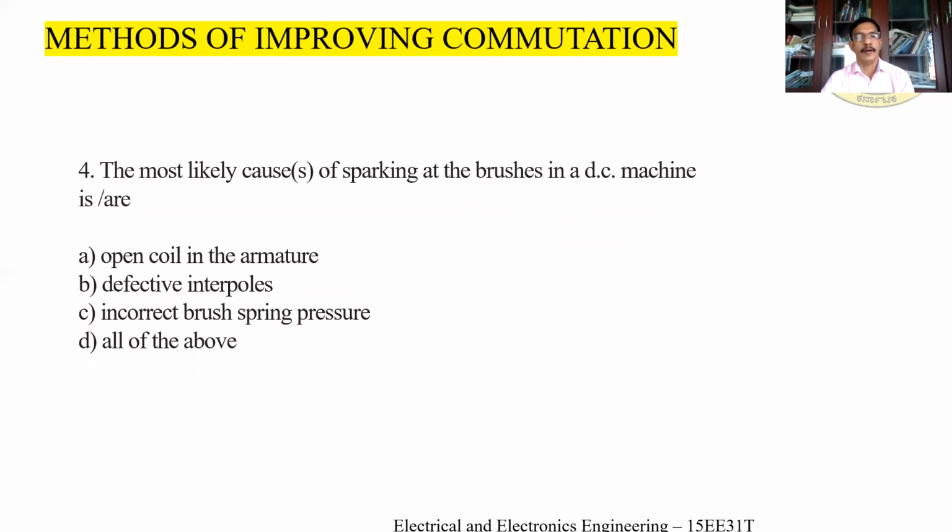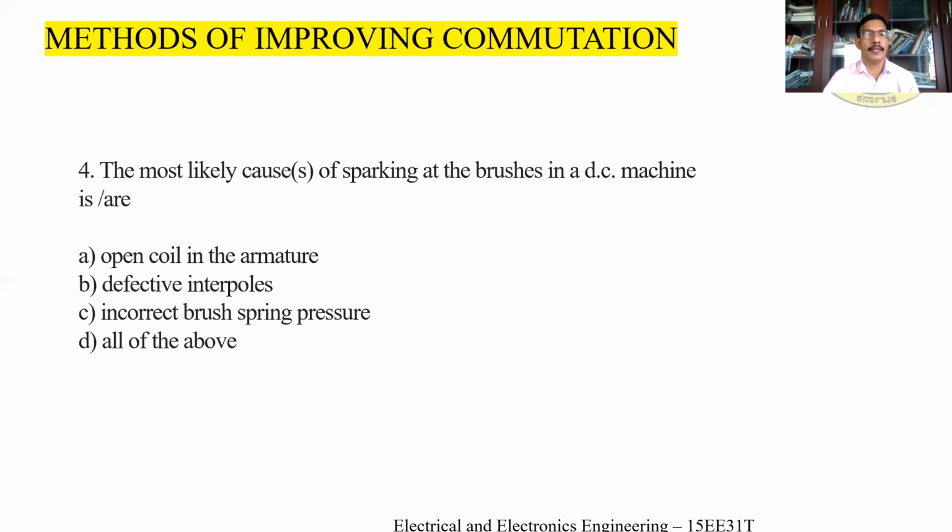Next question, the most likely cause or causes of sparking at the brushes in a DC machine is or are. Here, cause or causes, is or are. That means the correct answer may be one or more, sometimes.